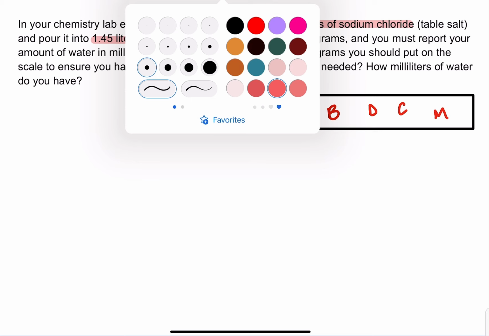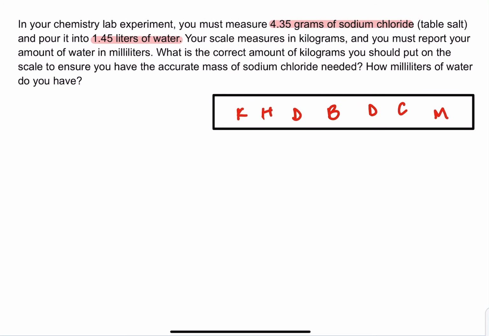They also told us that our scale measures in kilograms. So I'm going to highlight kilograms and keep that in mind. And let me use a darker color, kilograms. And it's also asking us to report the amount of water in milliliters, okay? And so also in this problem, we have 2 questions.